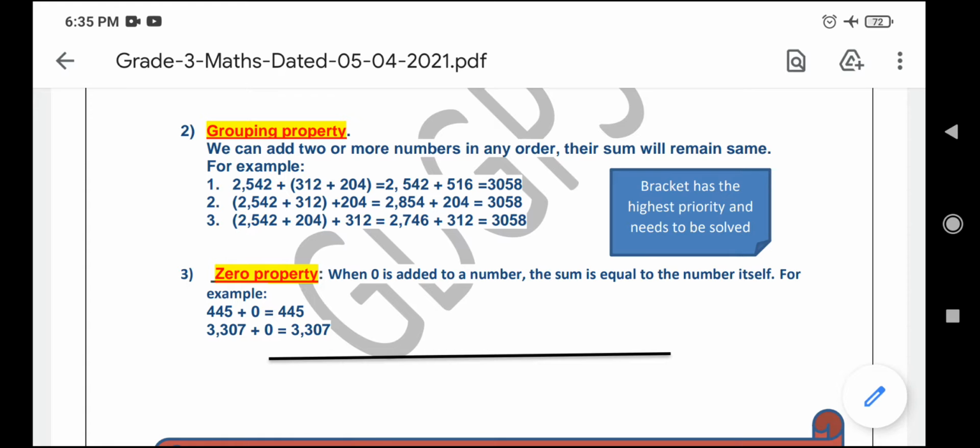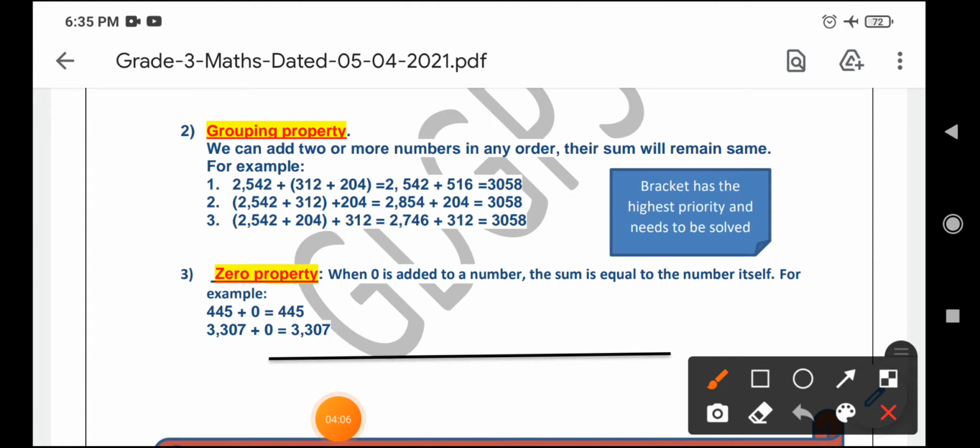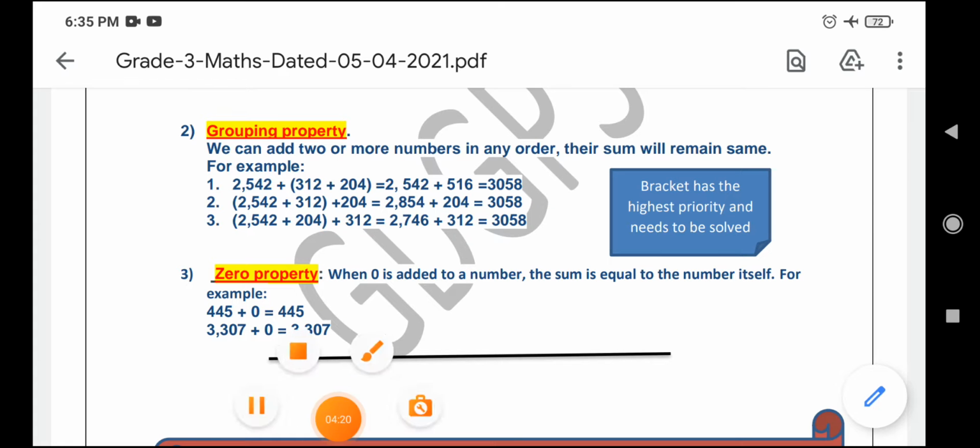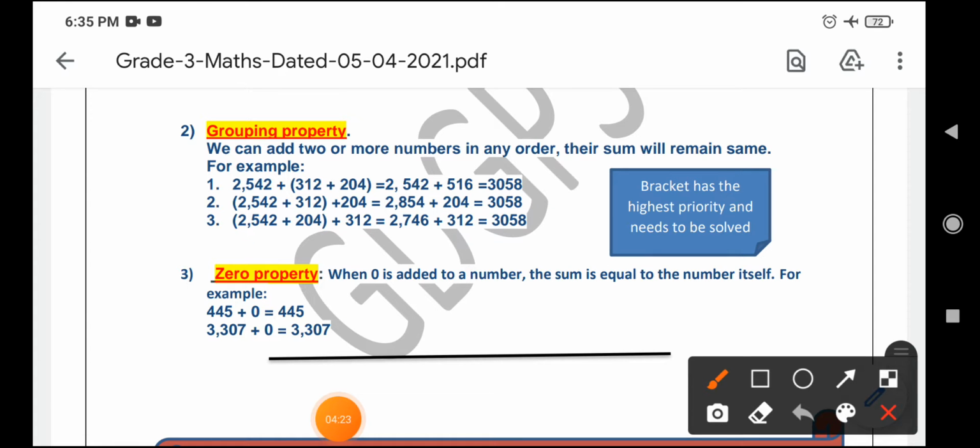In second case, I added first the two addends 2542 and 312, and to their sum, that is 2854, I added 204. I got the same sum. And in third case, I added first and third number first. They gave me sum of 2746. Then the second number, they gave me the same sum.